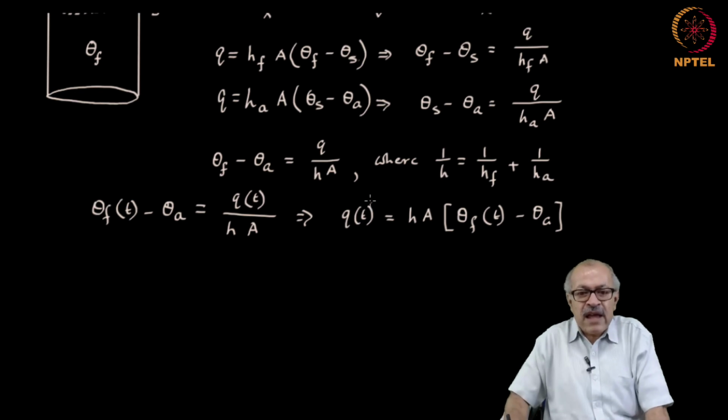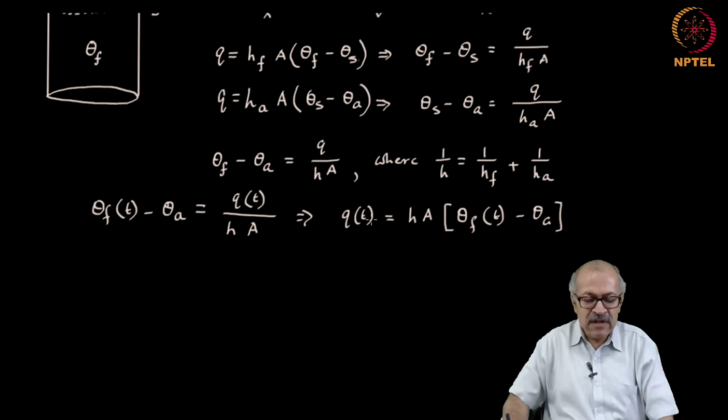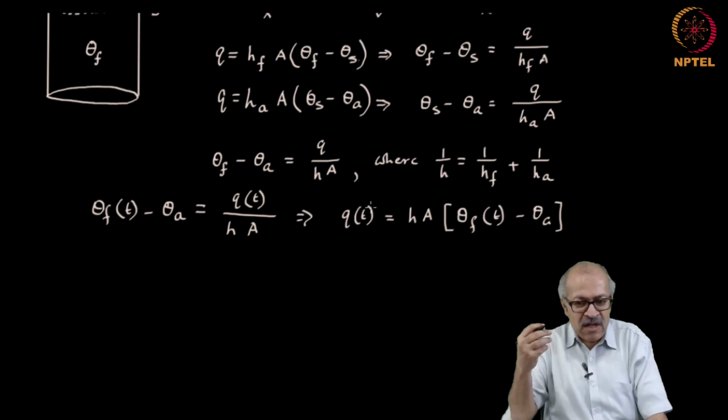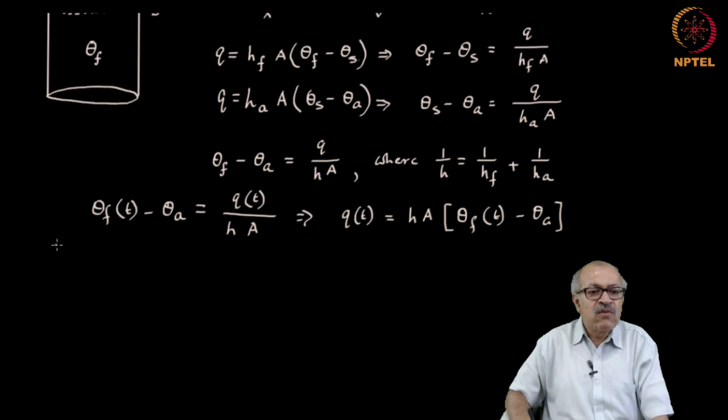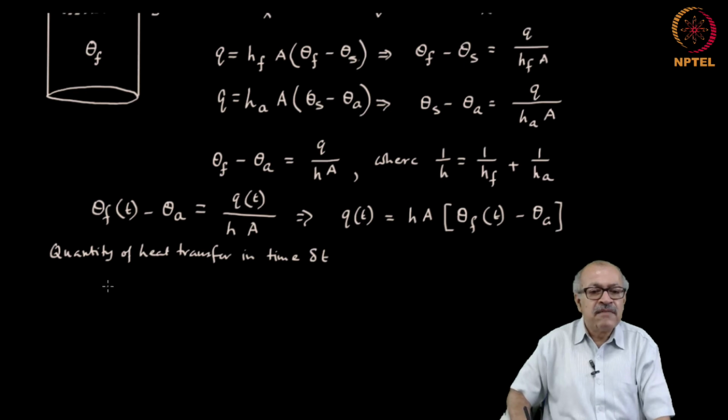Now, notice that this is the amount of heat that goes, the rate of heat transfer, but suppose I now consider a small amount of time, say delta t, then the quantity of heat transfer in time delta t will be q of t times delta t, and if we multiply delta t on the left hand side, we have to multiply on the right hand side also.